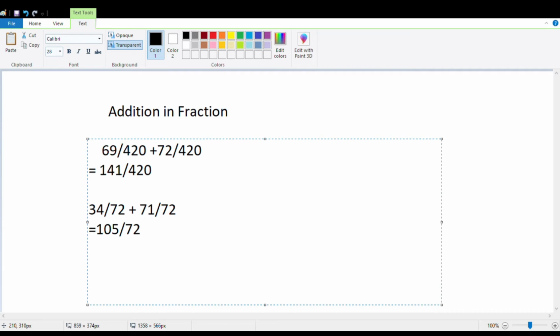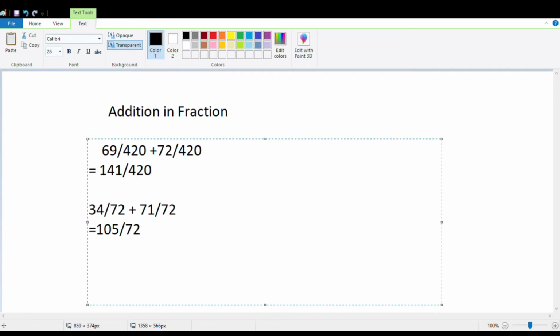right? Now you may think, wait a second, that's not a proper fraction, it's an improper fraction. A proper fraction is one like 141 by 420, where 141 is less than 420, because if the numerator is less than the denominator, that means it's a proper fraction.